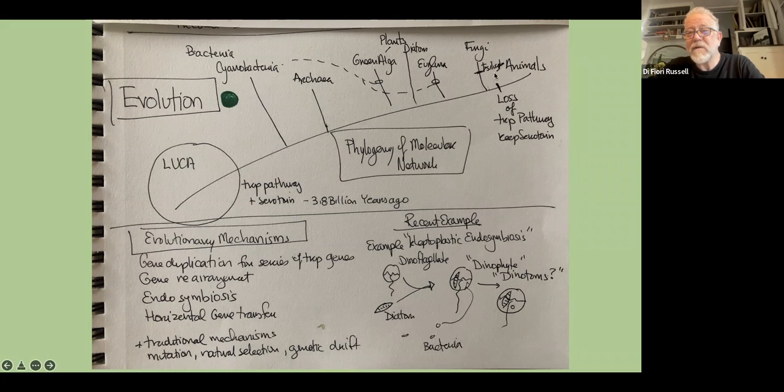I put a note up here that psilocybin is a unique convert that fungi developed. So they take tryptophan and convert it to serotonin and then make psilocybin, which is their own unique molecule. And I also made a little note, this little dotted line for me indicates an endosymbiotic event.